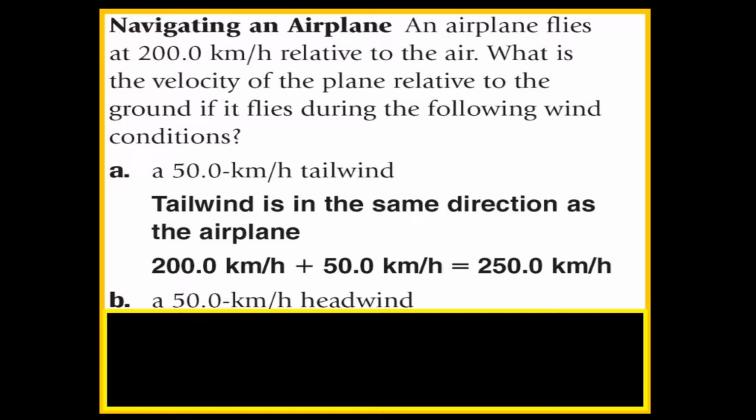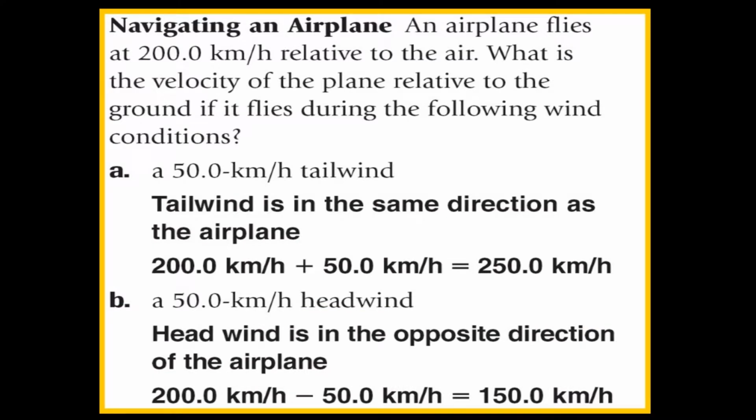Now, remember, because we're assuming that the front of the plane, or the direction of the plane, is positive, it would be positive 200 kilometers per hour plus a negative 50 kilometers per hour.